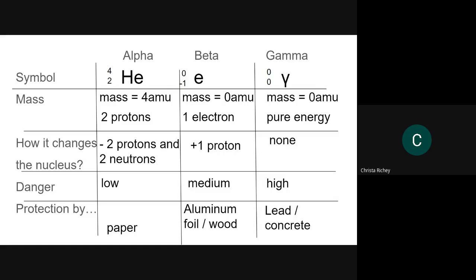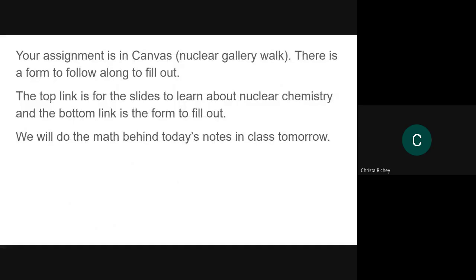But this sort of puts everything together. Now, you have something that is not this math as the assignment. And there's a link in Canvas that goes through, let's take a look at this nuclear gallery thing. I told you this was going to take us the bulk of the period.